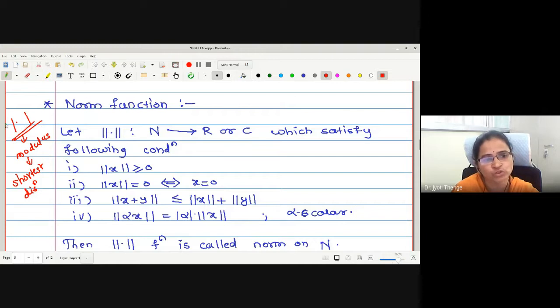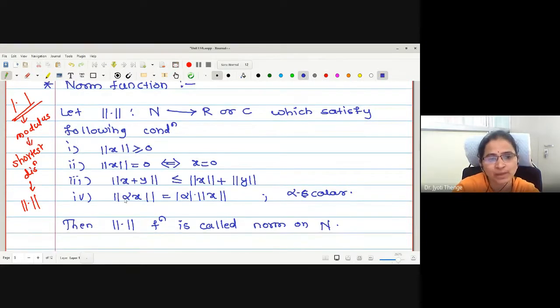Therefore, to generalize this, we just repeat one more vertical bar, so the double vertical bar suggests that this is the generalization of the modulus function. Is the point clear? Why double vertical bars?